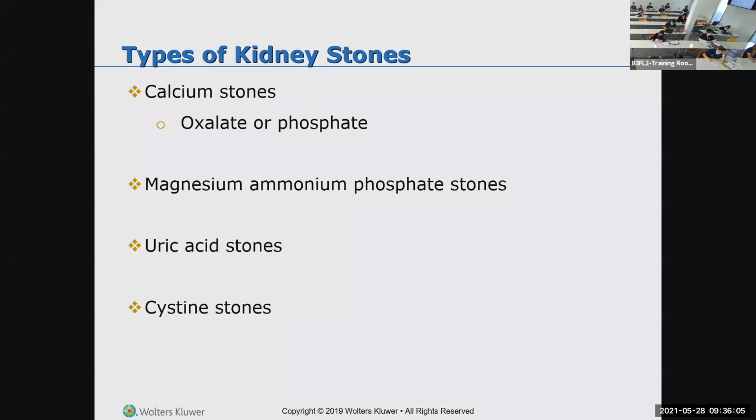The third one is uric acid stone, and the last one is cystine stone. But calcium stones are more common, followed by magnesium, followed by uric acid, and then cystine stone.